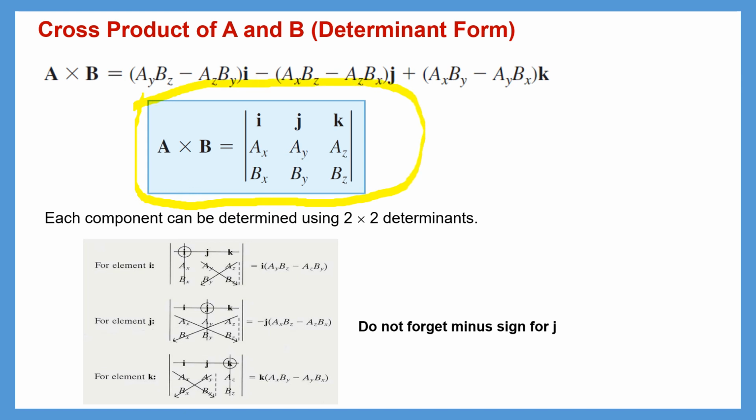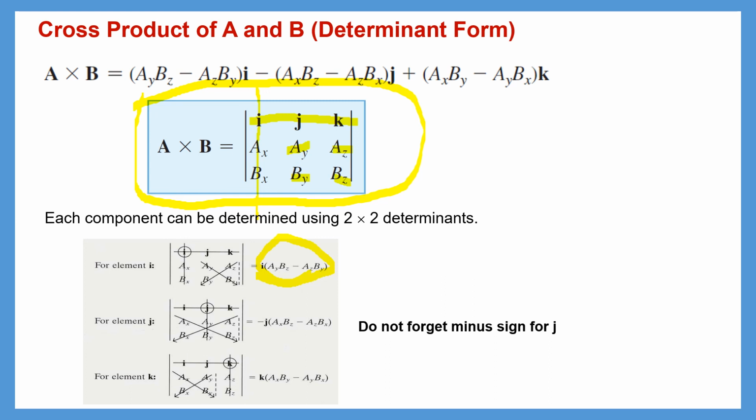So what we are going to do to calculate the i component. Okay, let's cancel these terms and we are going to multiply Ay times Bz minus Az times By. This is the component of i.